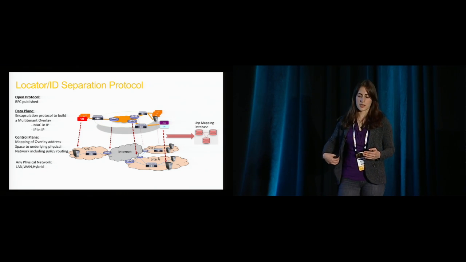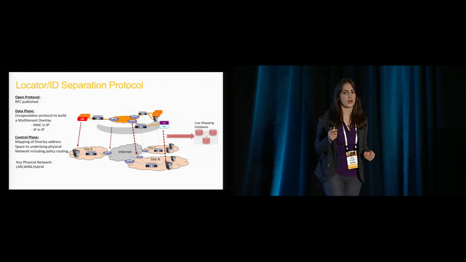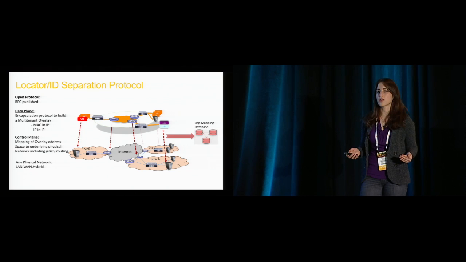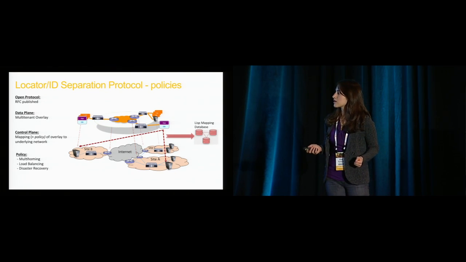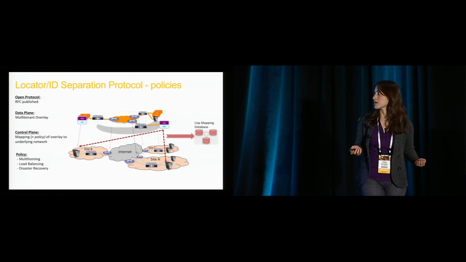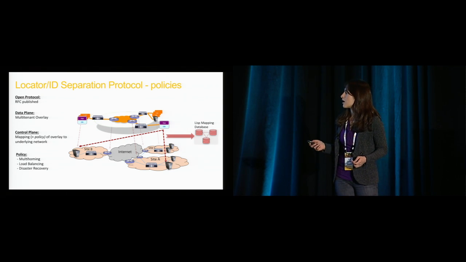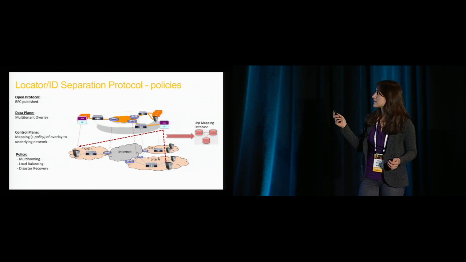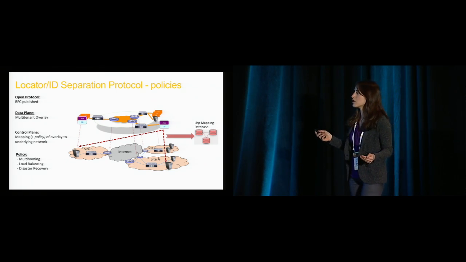So you can define the mapping of the host identity to the host location, and you can introduce some additional policy on how to reach that host. Examples of policy that you can include are multi-homing and load balancing. For instance, you can have your host identity mapped to multiple locations, so you'll have multiple RLOCs for it.